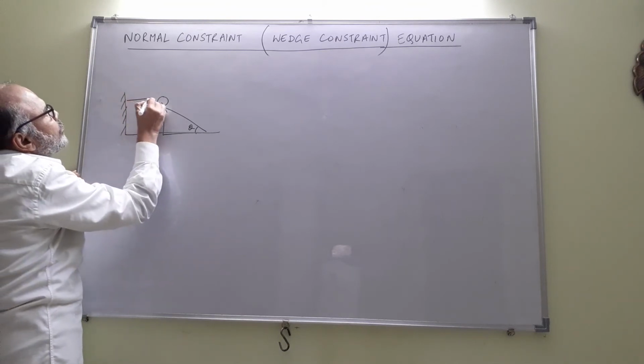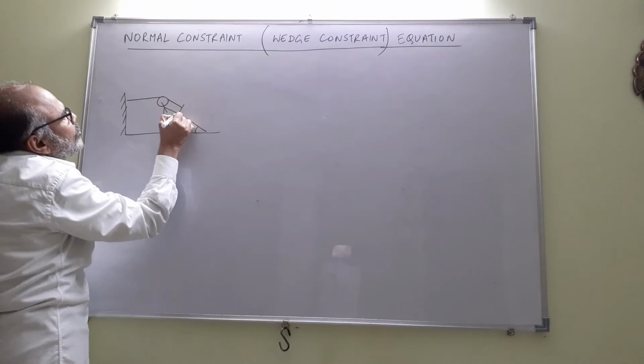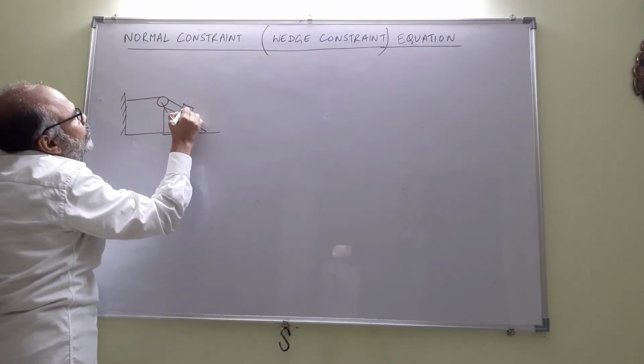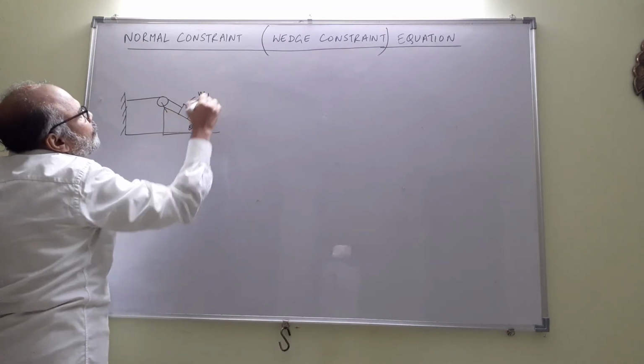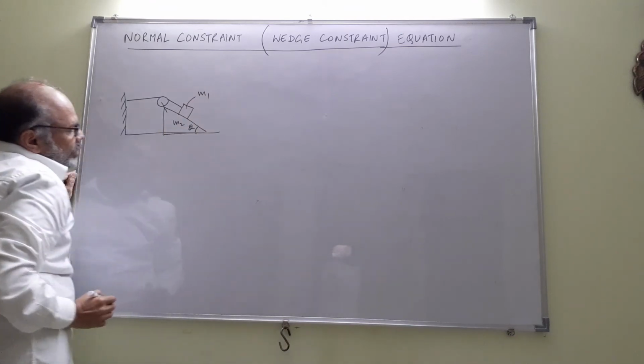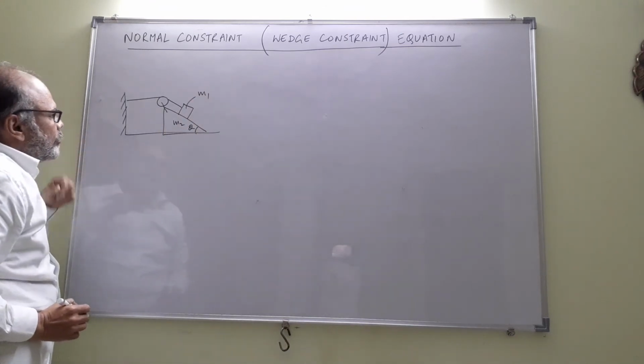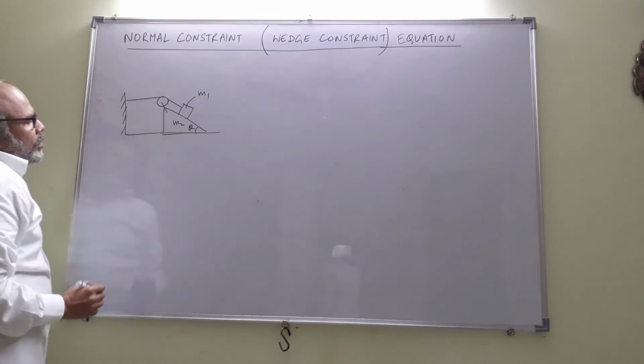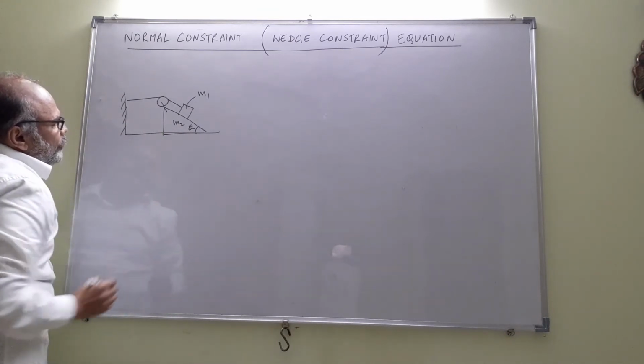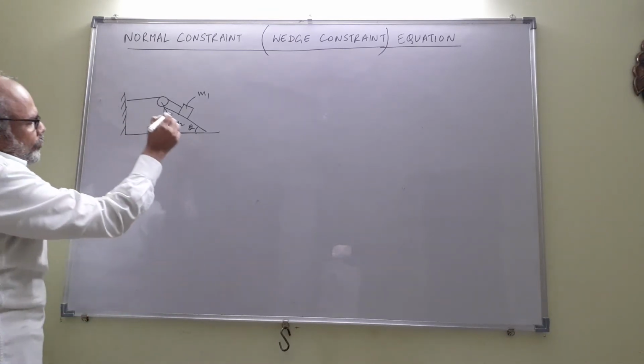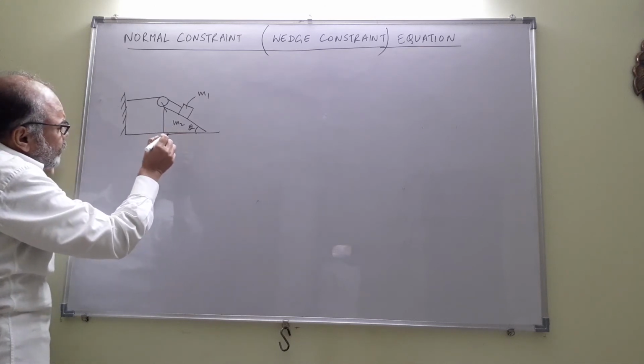There's a string connected to this pulley, and there is a block, we'll call this M1 and this M2. We would now like to find the accelerations of M1 and M2.